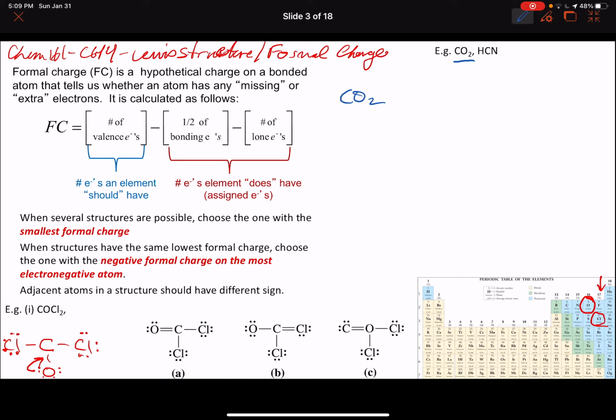Okay, so as you recall, we have to take stock of the total number of valence electrons here. So we are going to get 6 valence electrons from each oxygen. We are going to get 4 from the carbon. So that's a total of 16 valence electrons to work with on the Lewis structure. So for this molecule, we'll put carbon in the middle. We can put an oxygen and an oxygen.